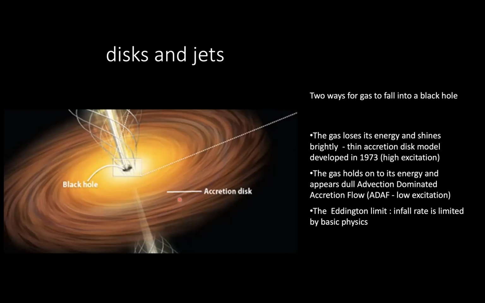And we can think of the disk as a structure that has enough material that material rotating at this radial distance from the central object, in this case a black hole, makes contact with material further out. The density is high enough.